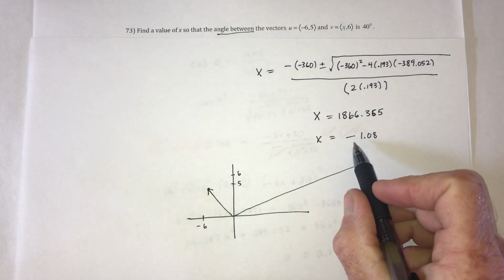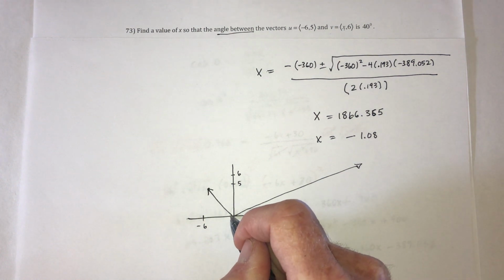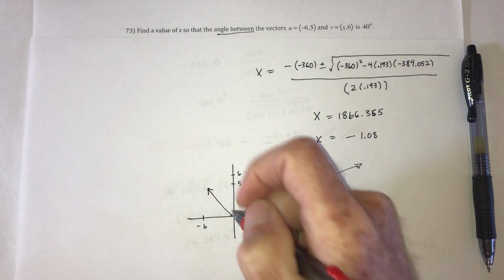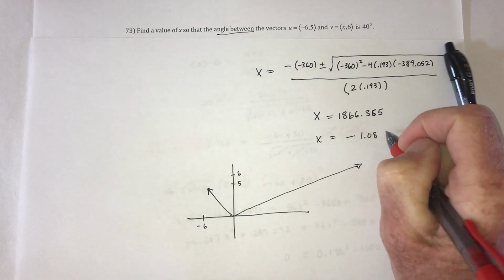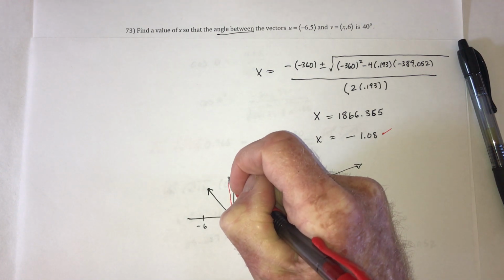What about if x is this negative 1.08? So that means x would be right here, and then go up to 6. Let me make this one in red. So if you use this answer, it would look something like this.